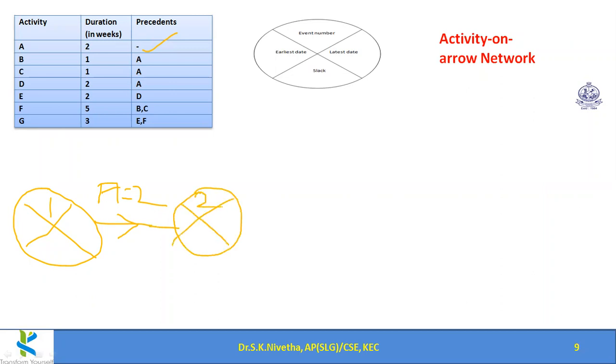So being in event 2, I can start B, C, D. Three activities can be carried out. So activity B, C, D. B 1, C 1, D is the duration.